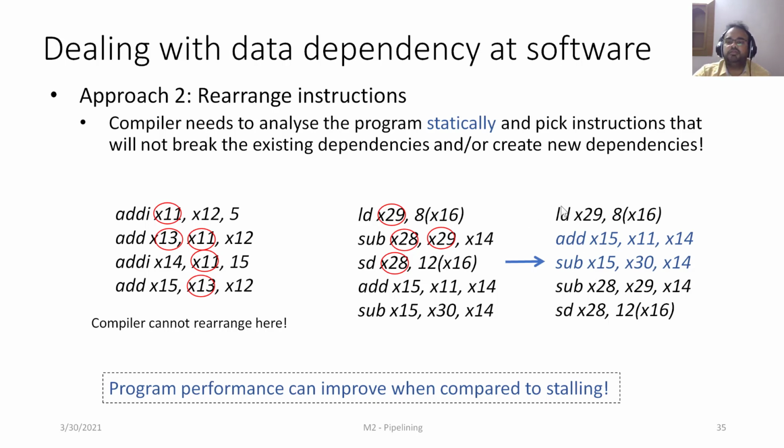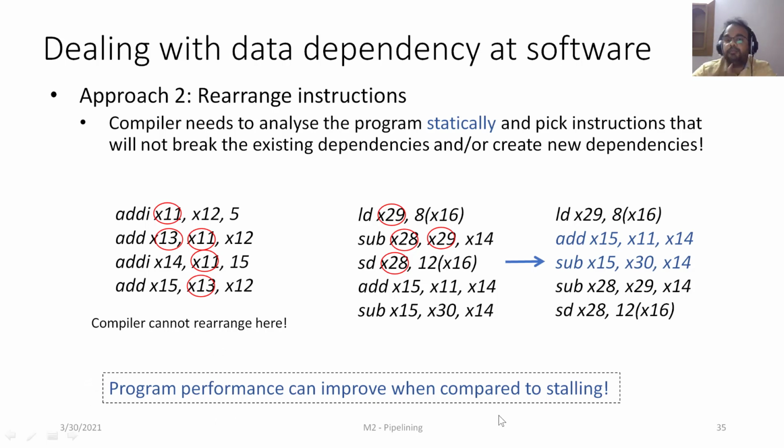Now the instruction sequence would be 1, 4, 5, 2, 3, right? So in this case, at the hardware, instead of introducing stalls between the load and subtract, we are executing the add and subtract instructions here. So the number of stall cycles will reduce by 2, right?